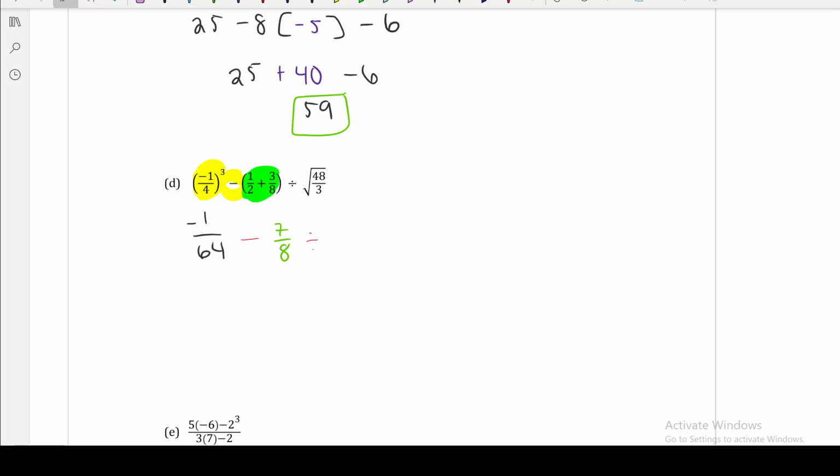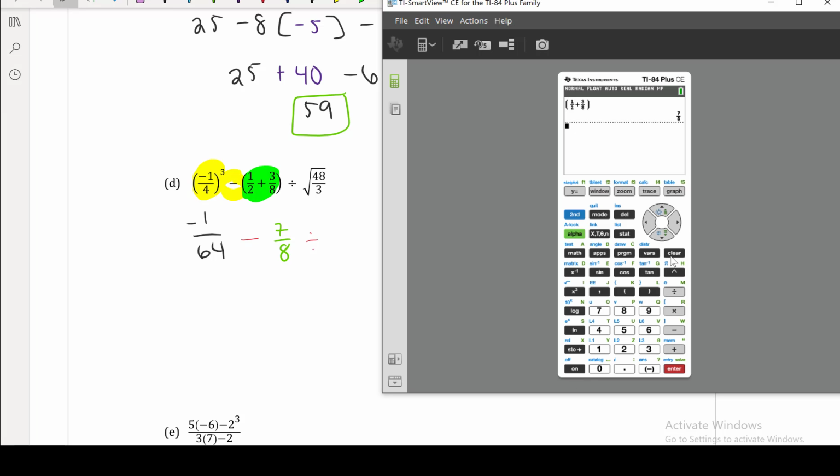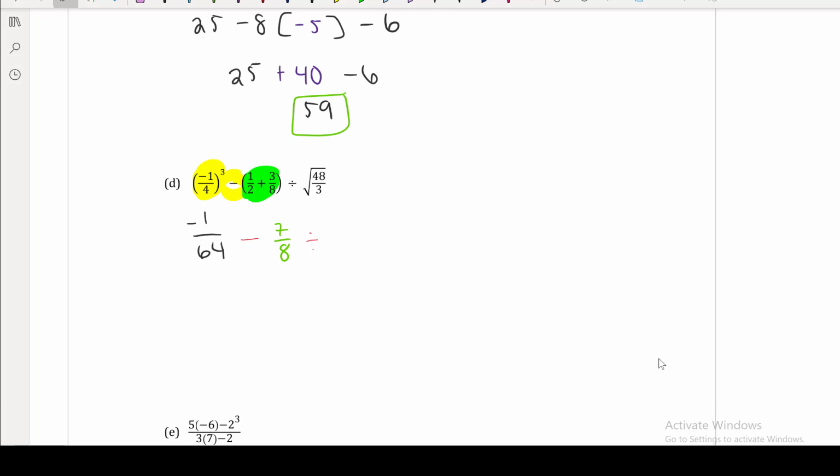And so your division, you have 48 divided by 3. I'm going to try to see if I can reduce that. Well, if I have 48 being divided by 3, I end up getting a positive 16. So now I know that this part in here, since I reduced it, is going to be a square root of 16, because 48 divided by 3 is 16.